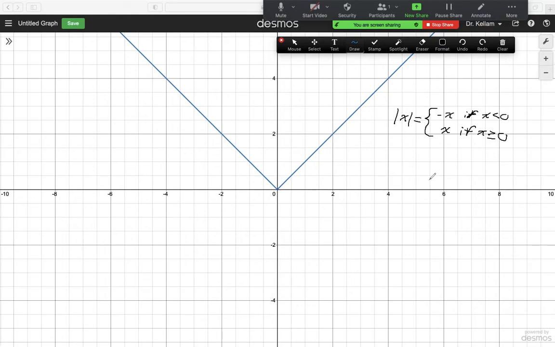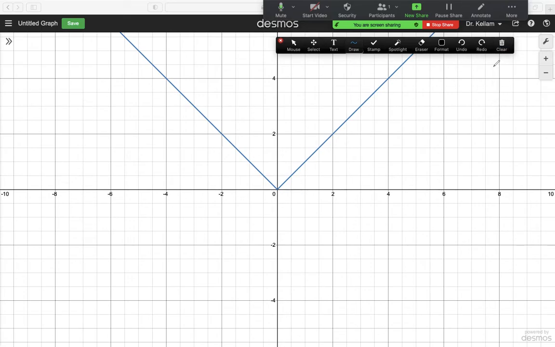So what this function measures is the distance away from 0. Like the number 2 is a distance of 2 away from 0.